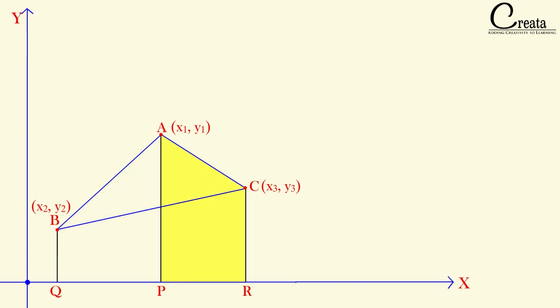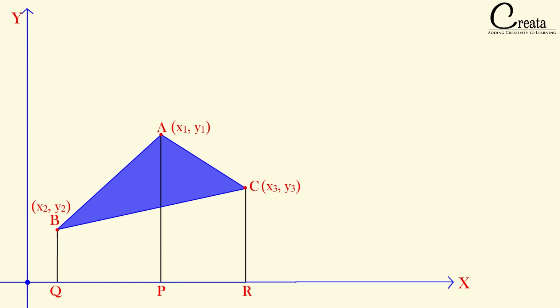These are the three trapeziums that we are able to observe in this figure. The first trapezium is ABQP, the second trapezium is APRC, and the third trapezium is BQRC. These are the three trapeziums. So based on these three trapeziums, can we find the area of this triangle geometrically? Can we do so? Let's try.